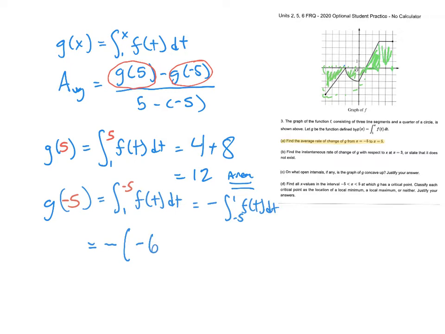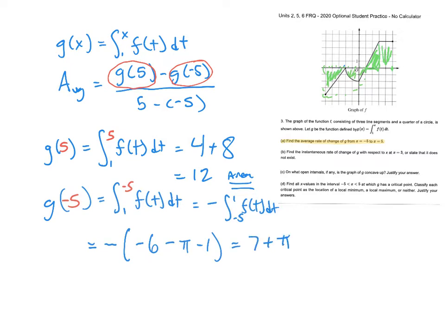The quarter circle is going to be pi r squared over 4. The radius is 2, so that's 4 pi over 4, so that's pi. That's -pi. And then the triangle is a 1 by 2, which is 2 over 2, which is 1, so -1. So this whole thing is going to be what? -7 minus pi, but we're doing the opposite of that because of the negative sign out front. So this is 7 plus pi.